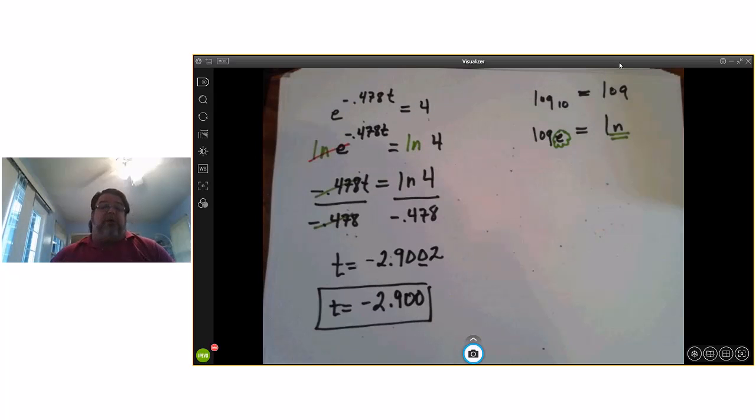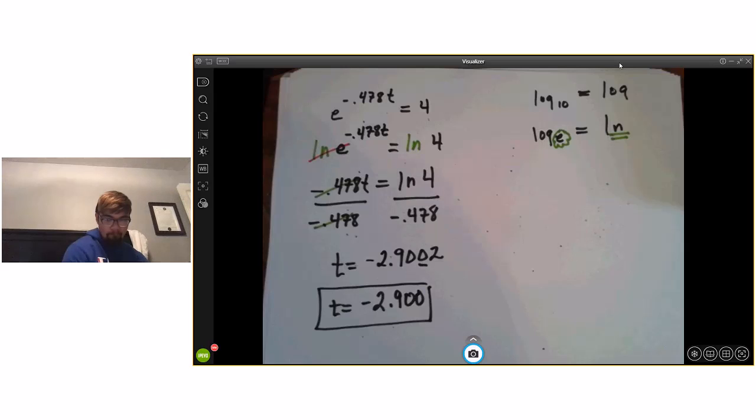So you might need to go back to 109 last semester and review over that last section of solving logs. Tell me when you see the box around the negative 2.9. Yes, no, maybe.